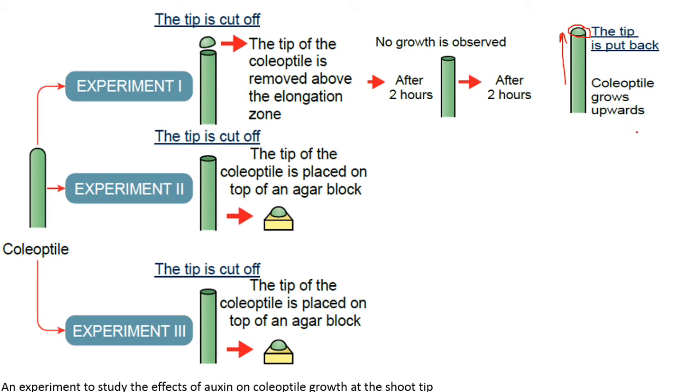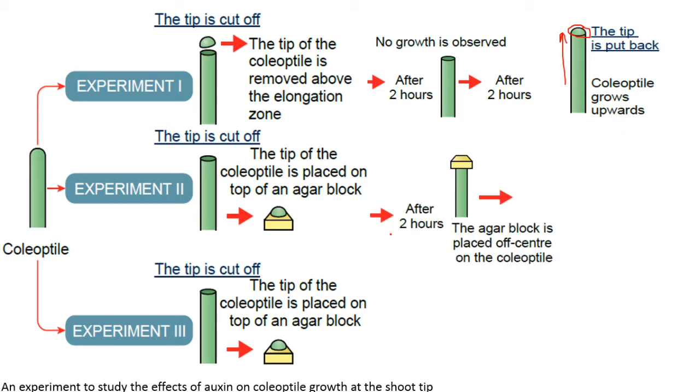Okay, let's see the result of experiment 2. After 2 hours, we put the agar block into the coleoptile. The agar block is placed at the center of the coleoptile. What happened?